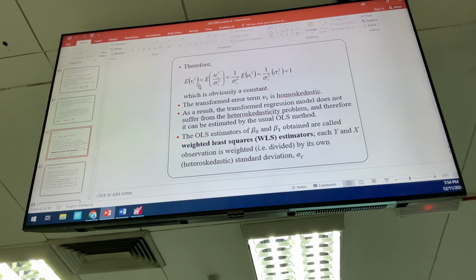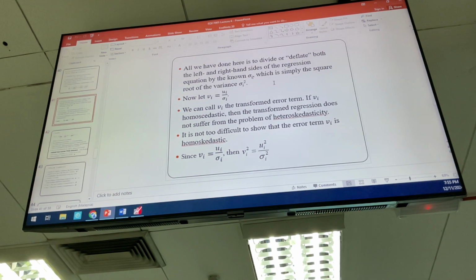Sigma i square we can take outside. So we know that the error variance, the expected value of Ui square, is given by sigma i square.